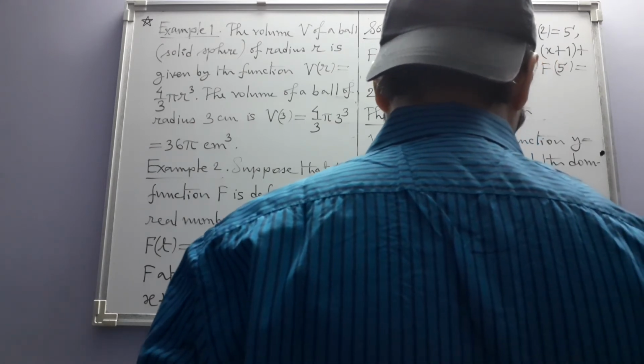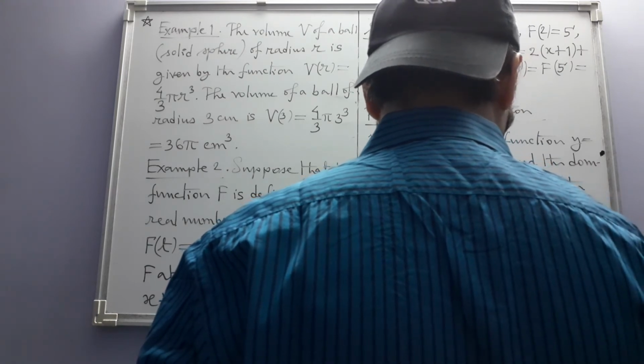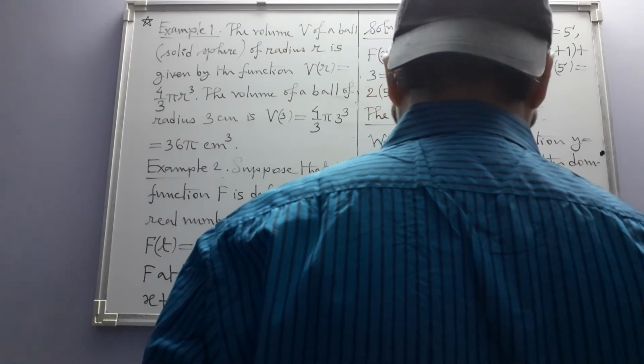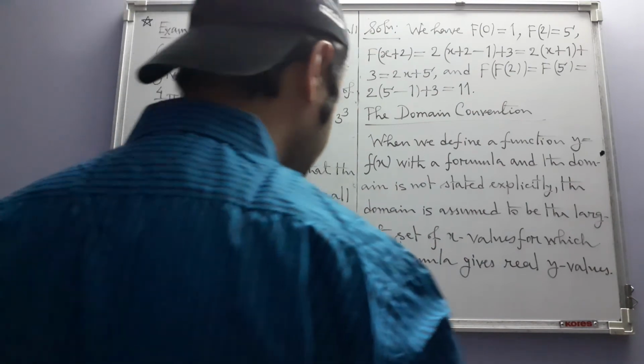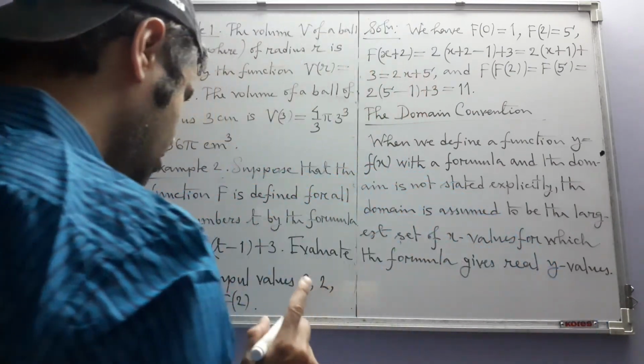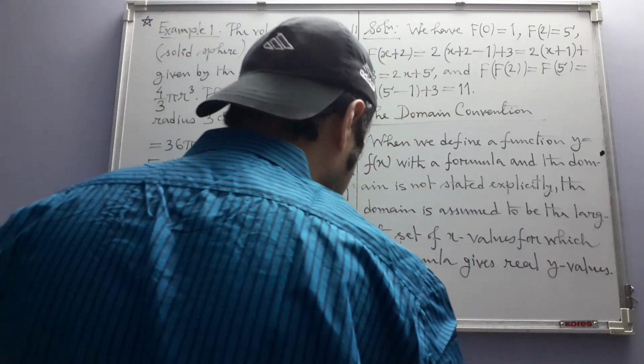And this largest possible domain is called the natural domain of the function.